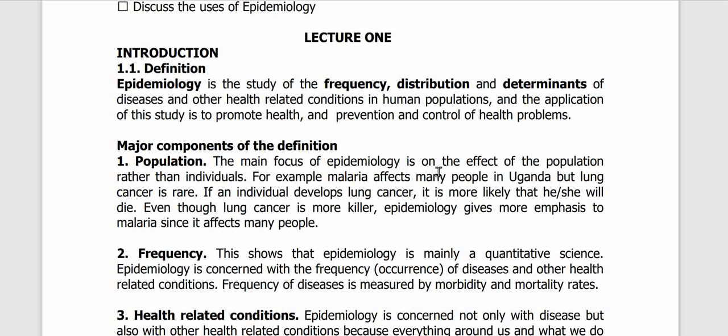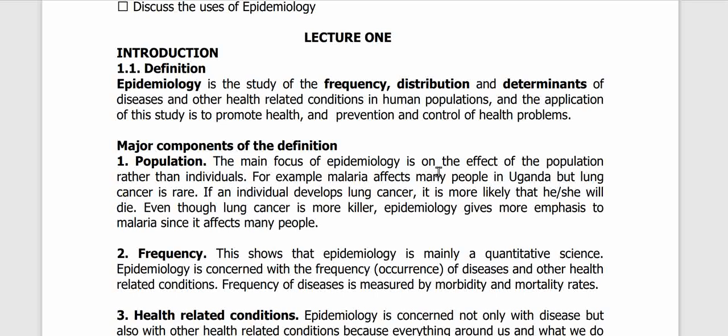So if an individual develops lung cancer, it is more likely that he or she will die. Even though lung cancer is more of a killer, epidemiology gives more emphasis to malaria since it is affecting many people. So that is what it means when it comes to population.